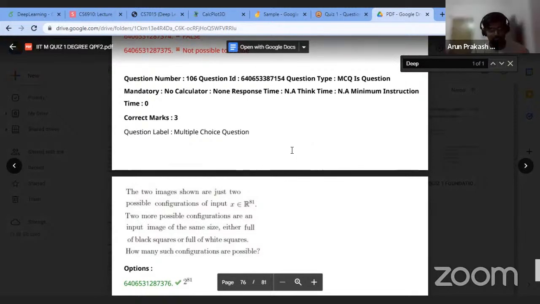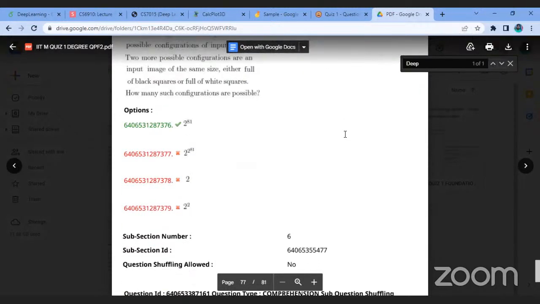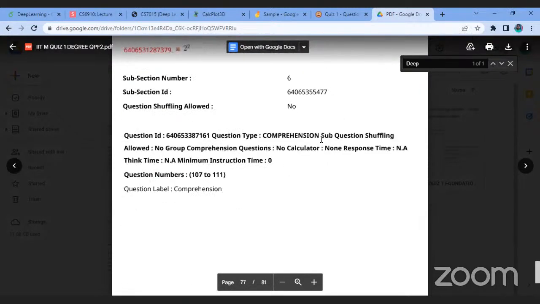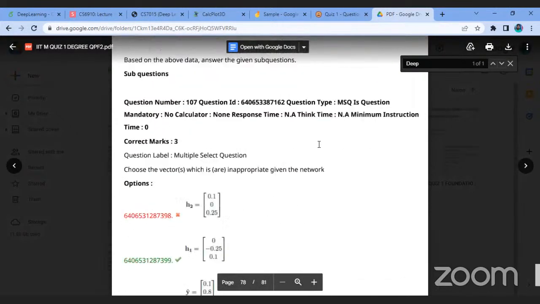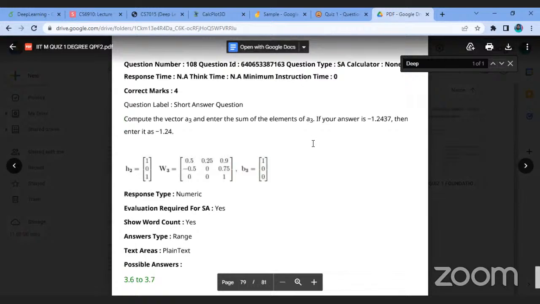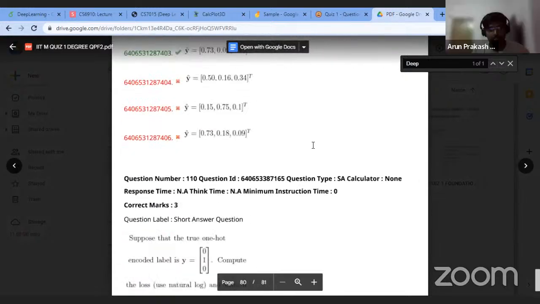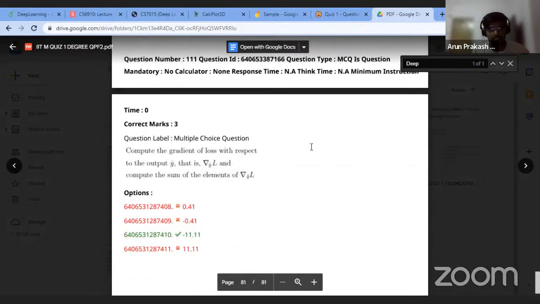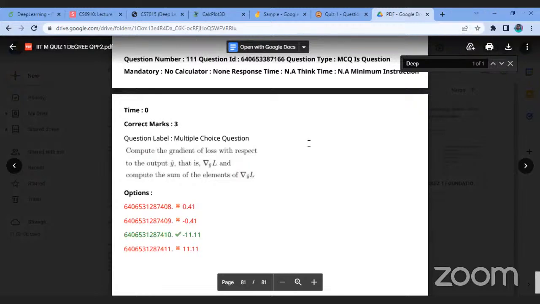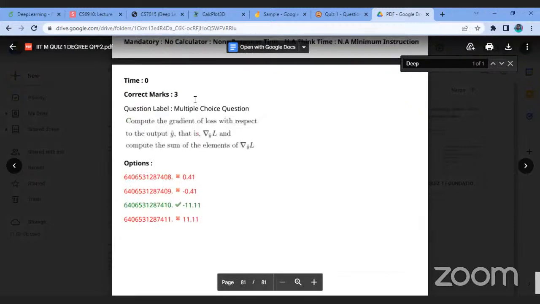Yeah, Aditya, please go ahead. Sir, the question from backpropagation in the quiz, the last part, was easy. Can you tell me the number? Question 111, this one.